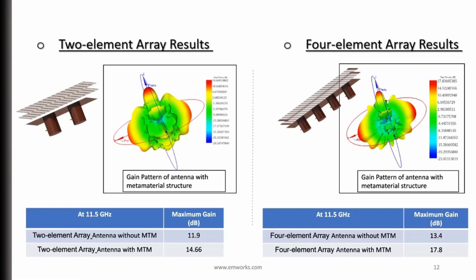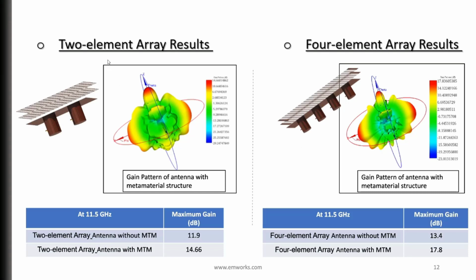Here I summarized the simulation results. As we can see, the gain of a circular waveguide array antenna with metamaterial structure has about 3 to 4 dB addition in comparison with those of conventional antennas.